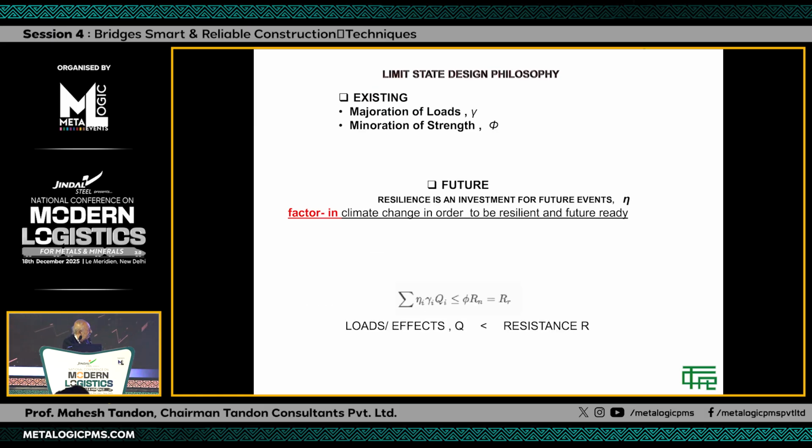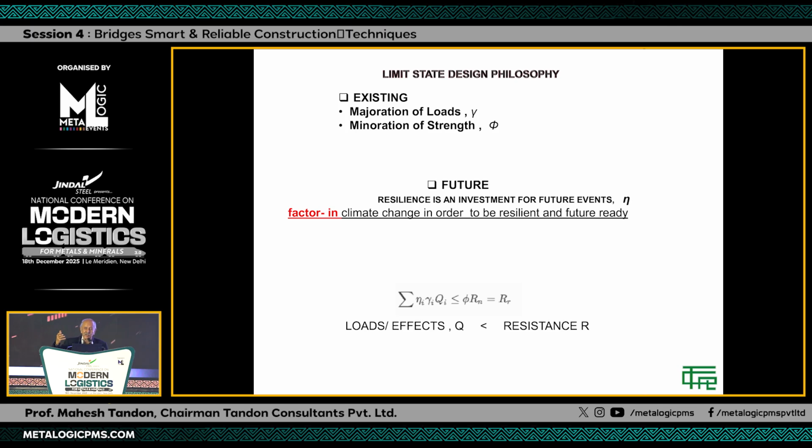So, the current philosophy of design is called limit state design, and it consists of majoration of loads, which means that basically you are increasing the loads from whatever the design value is, and there is a minoration of strength.